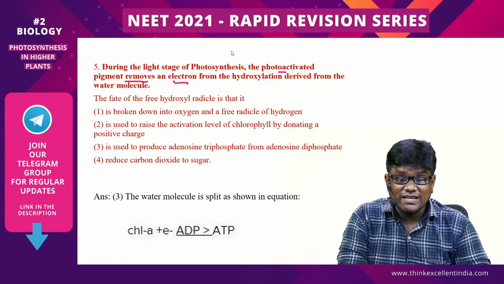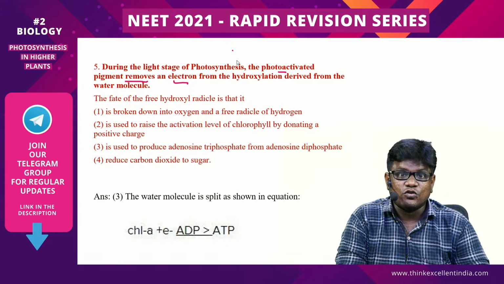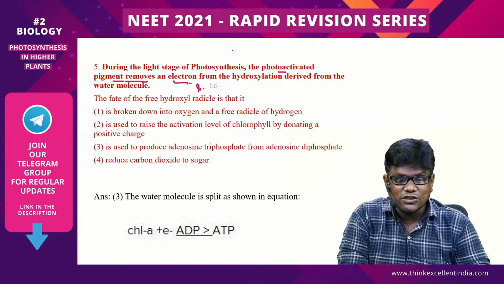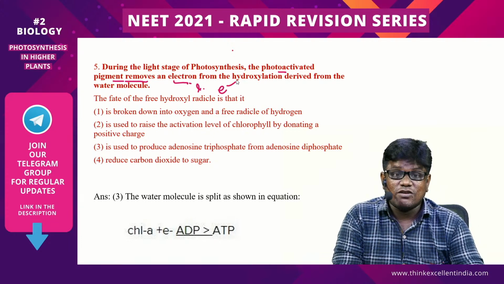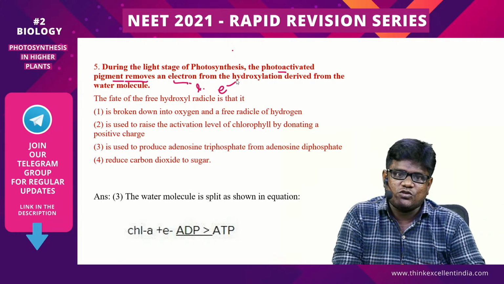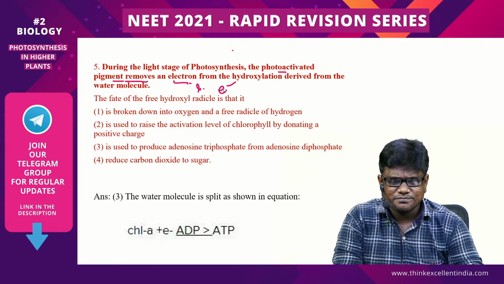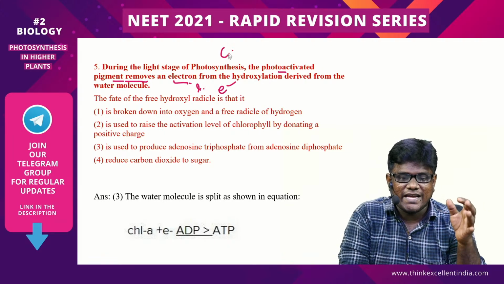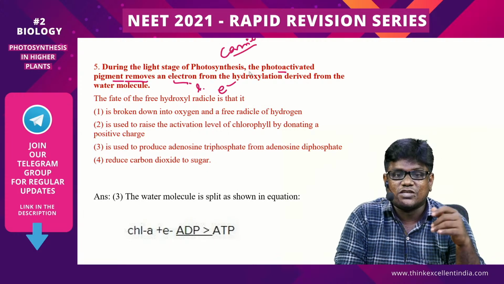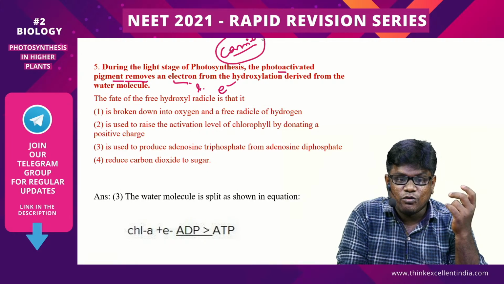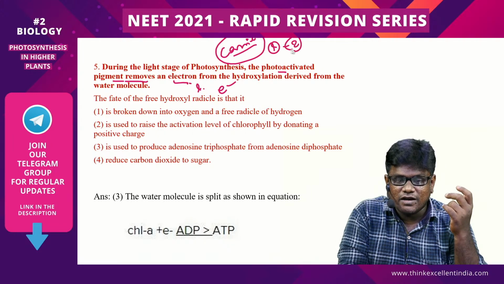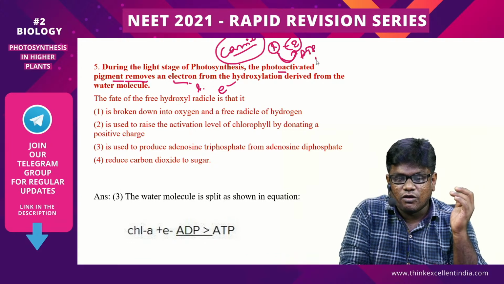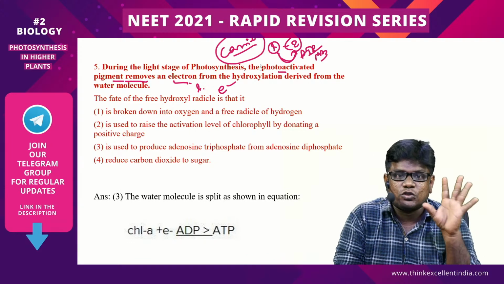See, when the light is getting trapped by the photopigments, the work of the photopigments is that as soon as light is trapped, electrons come to the excited state. When electrons come to the excited state, they move from one place to another place. What happens to the electrons that move? They go and bind with the electron carrier. The electron carrier carries electrons from one component to another component. In this pathway, ATP is produced and NADPH is produced. That is the photosynthesis process.